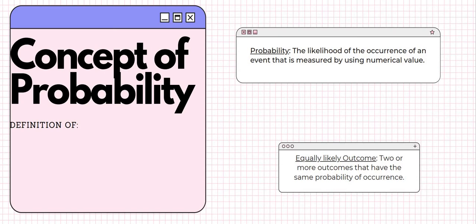Probability itself is the likelihood of the occurrence of an event that is measured by using numerical values. The easiest way to understand probability is this: you have done an experiment and then you get the outcome and also the event. That event is in terms of set.